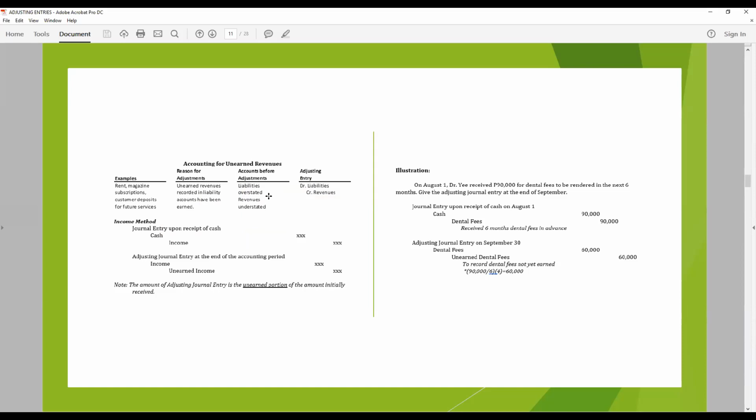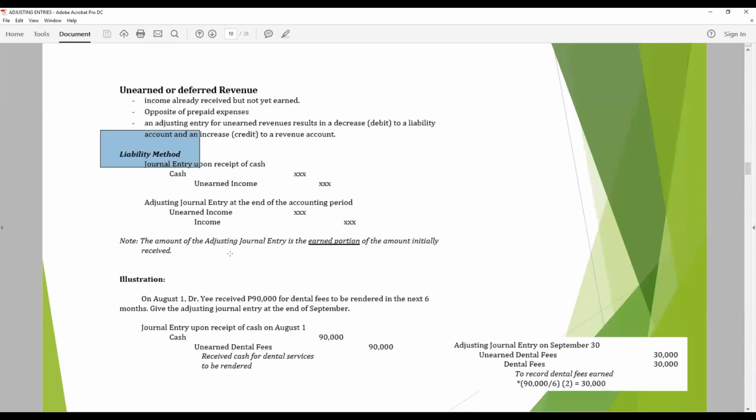So if you don't adjust, your liabilities will be overstated and your revenues understated kasi you didn't recognize the earned portion of the liabilities, which you should have recognized as revenue already because you have the right. Your adjusting entry is debit liabilities, babawasan nyo na yung liabilities for the earned portion and credit revenues. Yeah, this is under liability method.